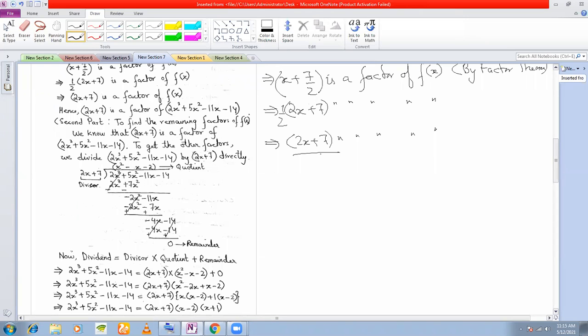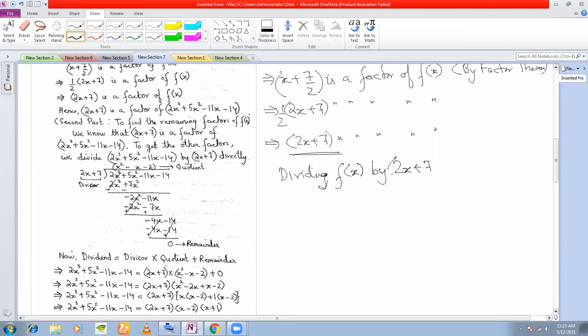So similarly here, once I know 2x plus 7 to be a factor, we are going to divide fx by this factor, dividing fx by 2x plus 7.